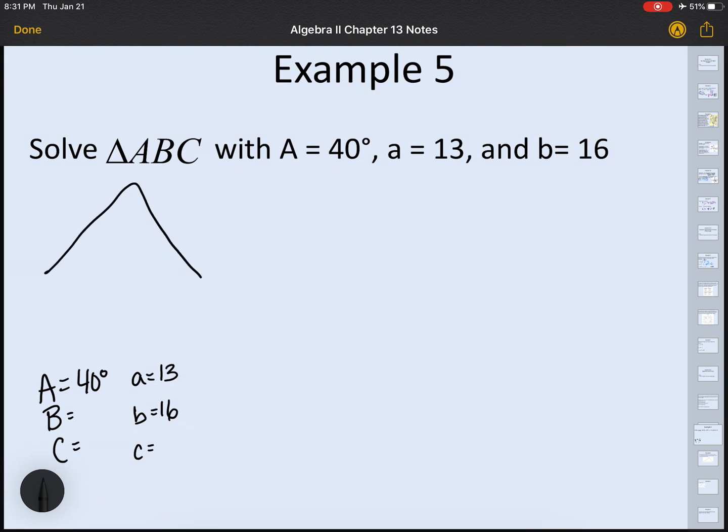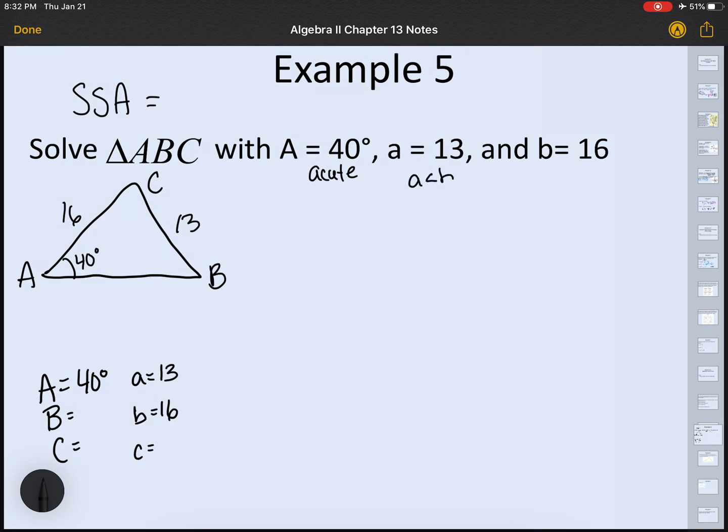So if we think about this, our angle A is acute. And we're still working with side-side-angle. So we're going to compare it to our chart again. Well, in this case, our A is less than B.